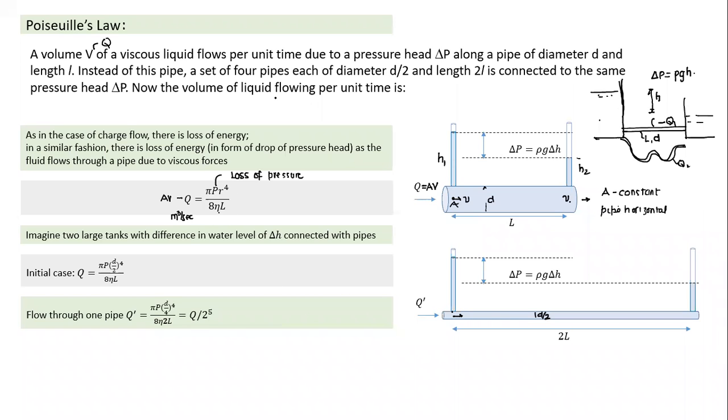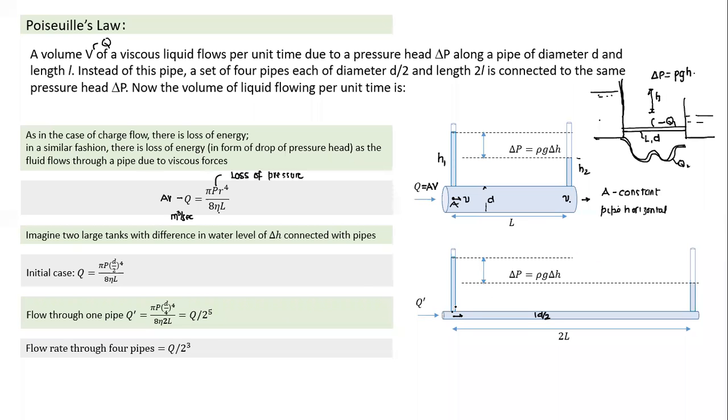But if I have connected four pipes here in parallel, see what does parallel connection mean here? In parallel connection, the pipes are connected to the same pressure head. This is very similar to resistance where the voltage difference is the same in parallel, and currents are different.